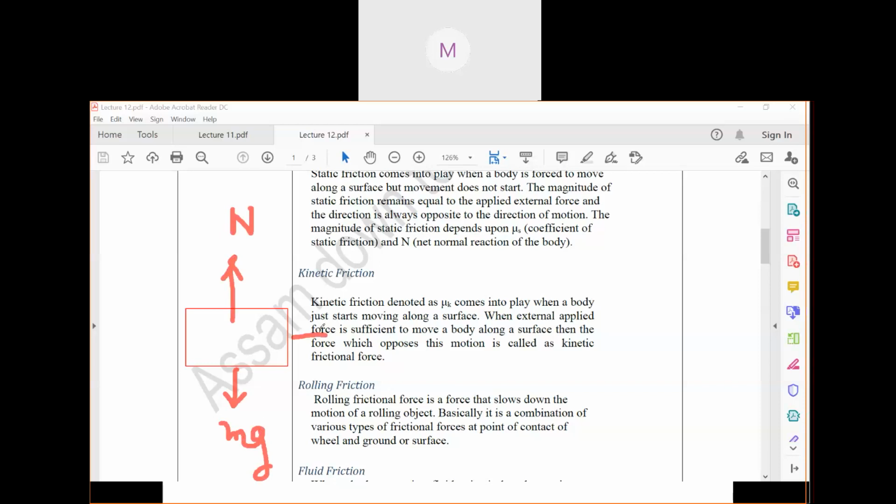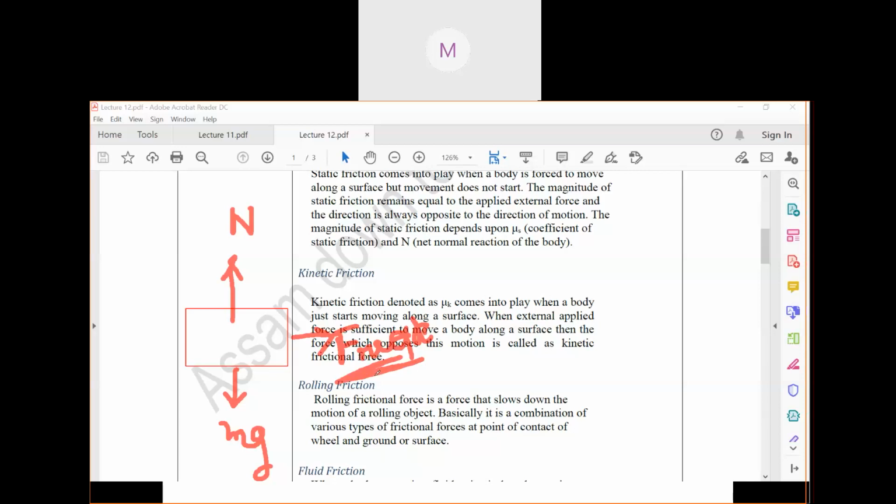Now if you are giving a force F here, this is F required, the force that is required.